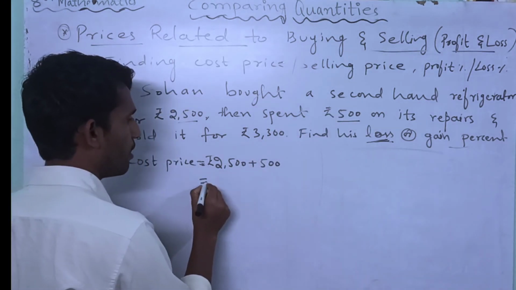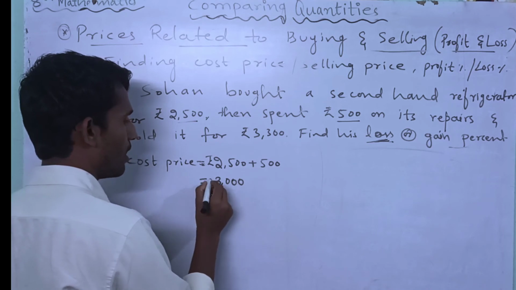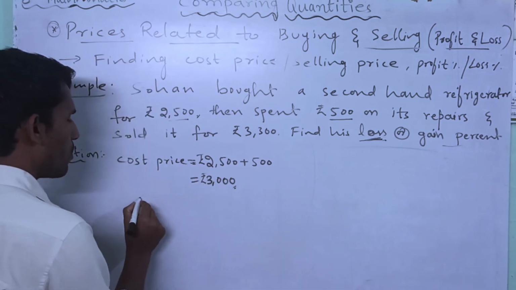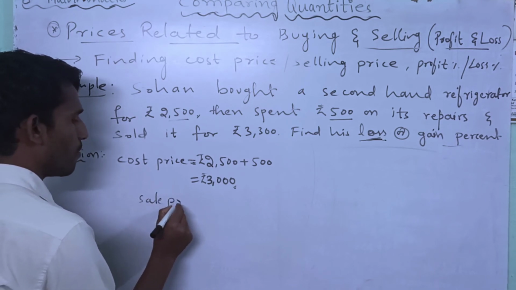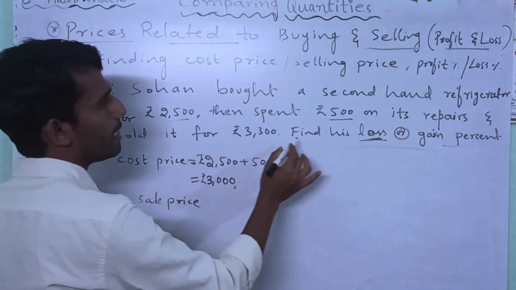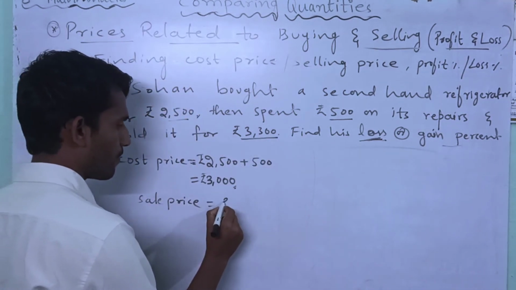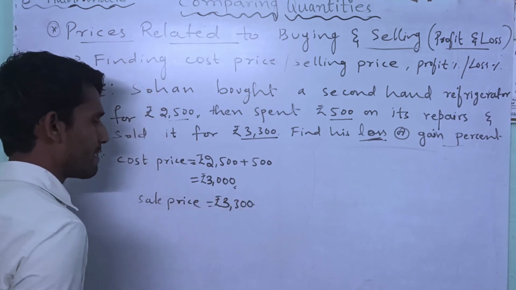When we add it, we get 3,000 rupees total. This is the cost price. Now we know the selling price: he is selling it again for 3,300 rupees. This is the selling price.